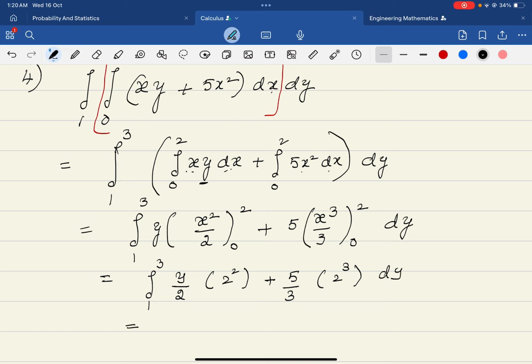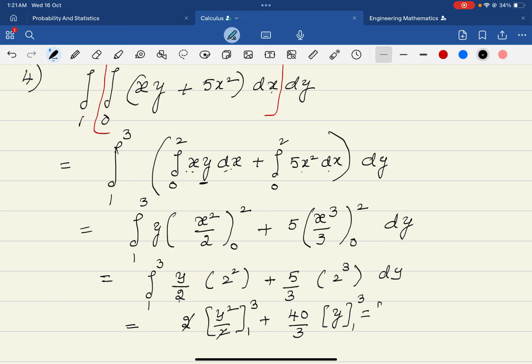So what is this now? 2 square by 2 becomes 2. Integral y is y square by 2 within the limits 1 to 3. And then 2 cube is 8, 8 5s are 40 by 3. And the integral dy is y within the limits 1 to 3. So what does it give you? Now this 2 and this 2 get cancelled.